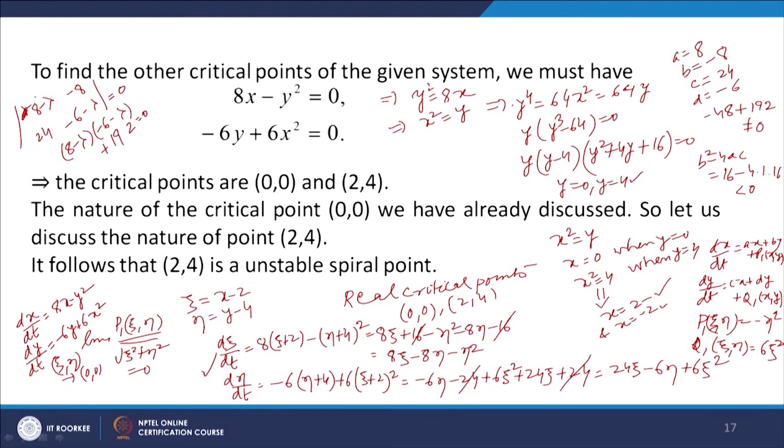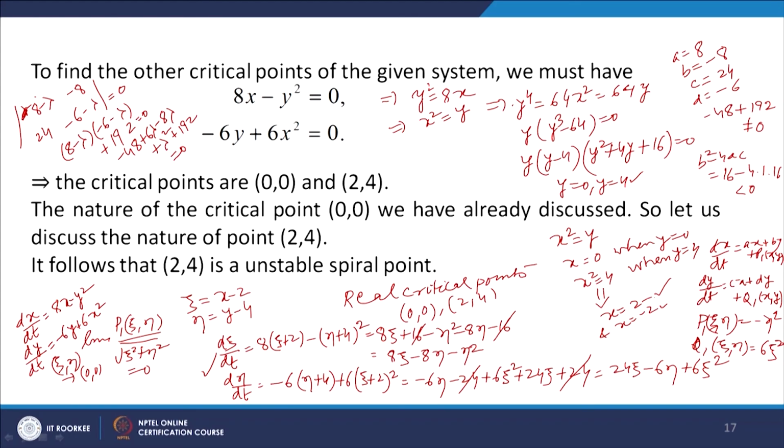So, what equation are we getting? Minus 48 plus 6 lambda minus 8 lambda and then plus lambda square plus 192 equal to 0. Is it okay?